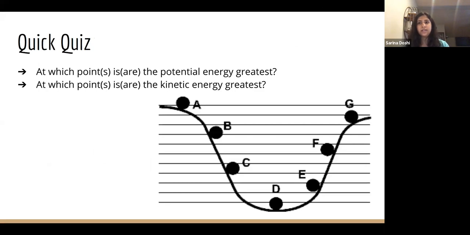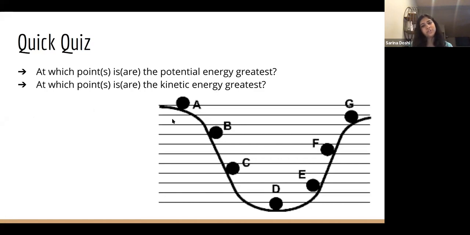So here's a quick quiz that builds on the topic that we just talked about: at which points is or are the potential energy the greatest, and at which points is or are the kinetic energy the greatest. These points are labeled A, B, C, D, E, F, and G. If in the chat you could first tell me where potential energy would be the greatest.